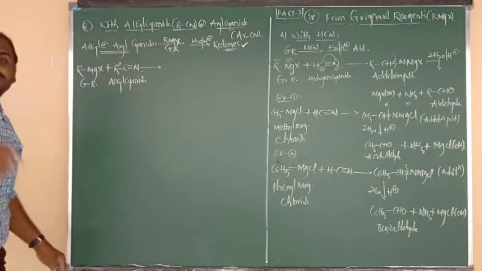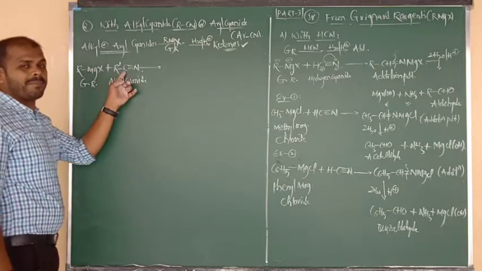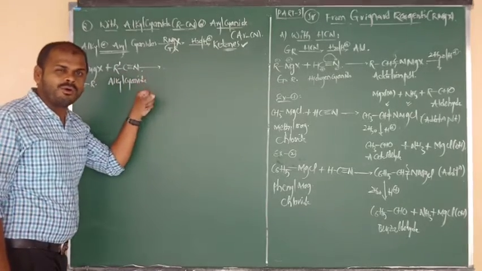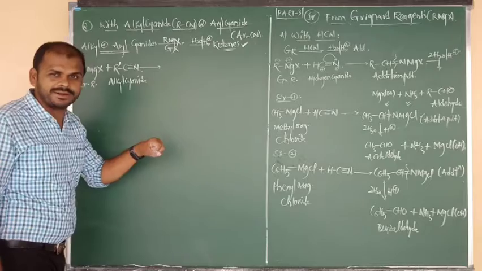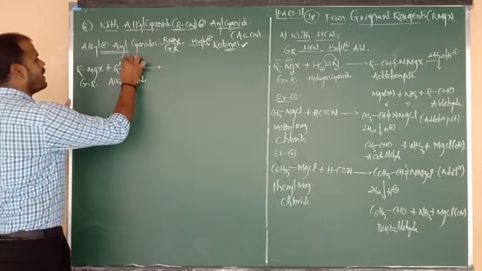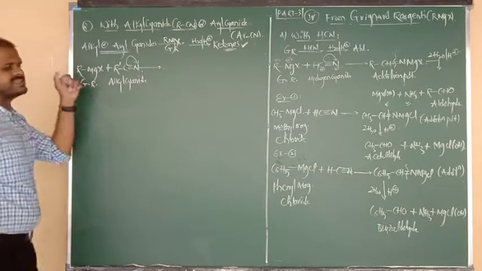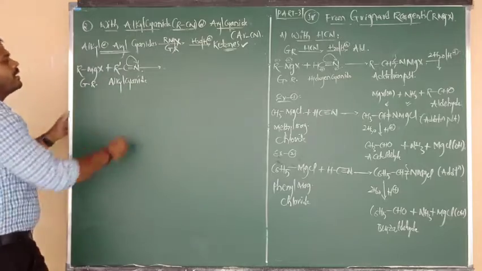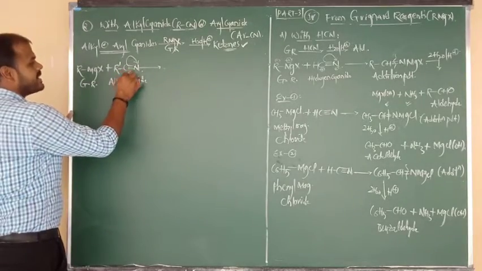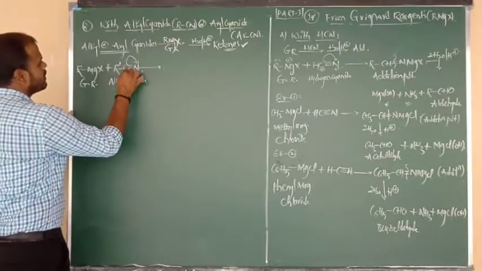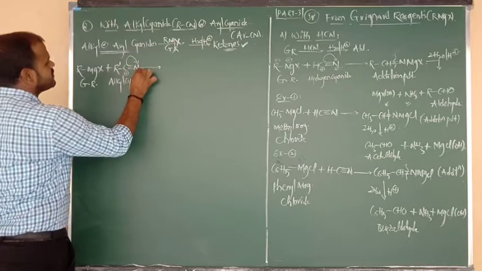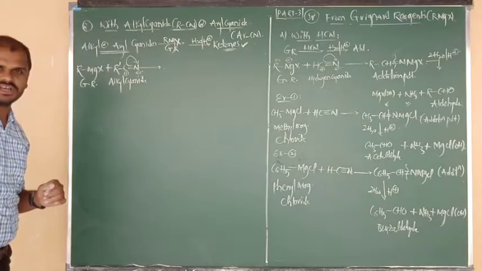Now, what changes are going on? As compared to carbon, nitrogen contains more electronegativity. Due to that reason, one of the pi bonds is shifted towards the nitrogen. So the cyanide carbon has a positive charge, and nitrogen has a negative charge, being electronegative.